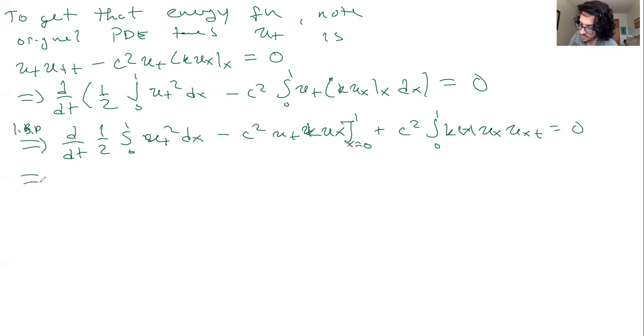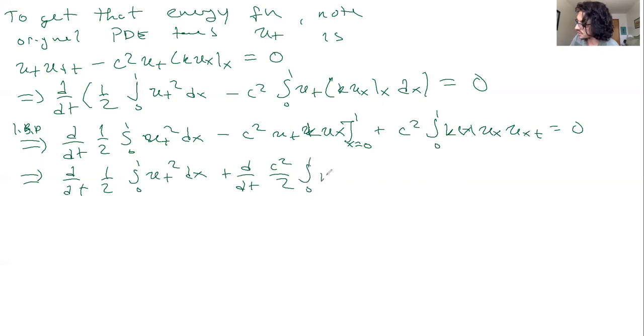And so for our original equation, we have d/dt of a half of the integral from 0 to 1 of u_t squared dx, plus d/dt of c squared over 2 integrated from 0 to 1 of k(x) u_x squared dx.